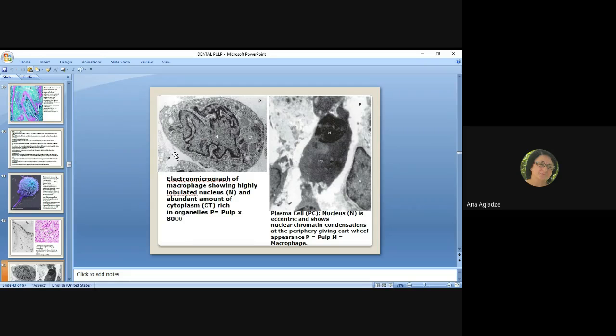And basophils, which are less than 1%, are very potent inflammation mediators, and they contain histamine, which is a very important vasodilator, and they can cause anaphylactic shock.